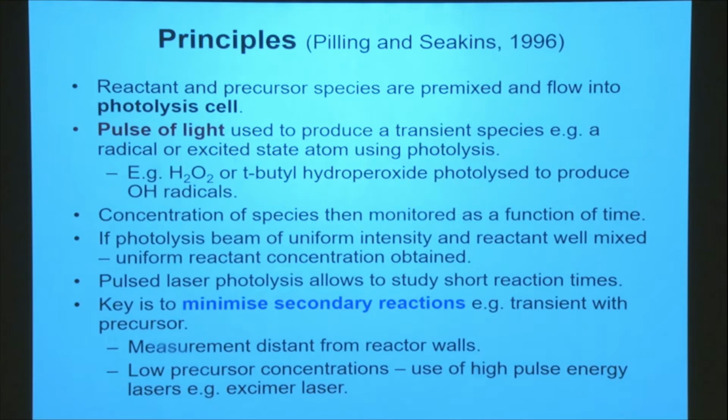The pulsed laser photolysis allows us to study quite short reaction times. And we're also working with low concentrations. And as I said, the key here is to try and minimize secondary reactions which may take place.